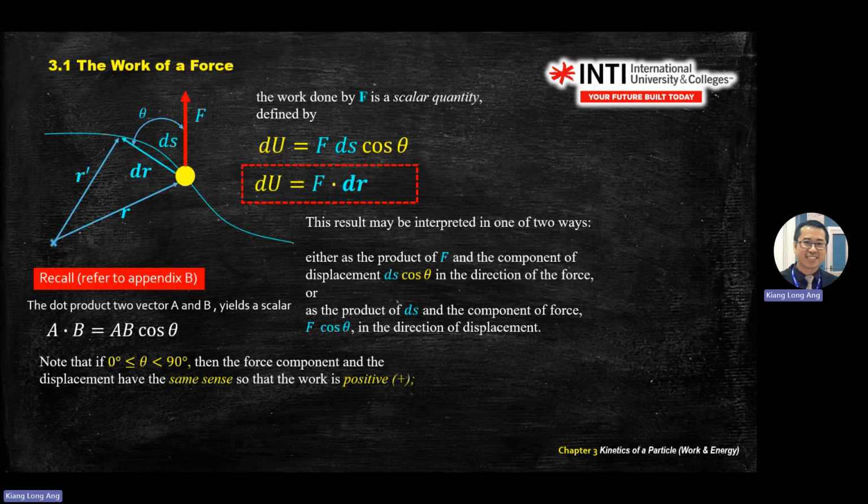Right. Now because it's a vector, you deal with direction. If the angle is from 0 to 89.999, not 90 degrees, because at 90 degrees you get 0, so there's no dash here. From 0 to 89.999 degrees, you will get a positive work. It means it moves along the surface.